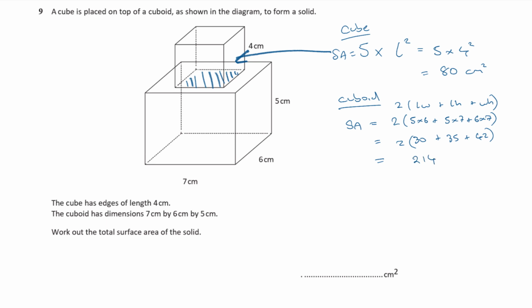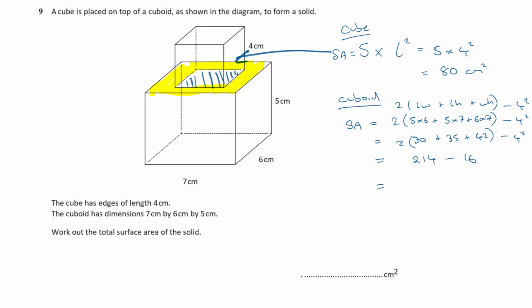So that's 214, okay? But again, part of that top face up there is covered up, so you're only going to get this part exposed. One of those faces has got a chunk out of it that's missing. And what chunk is missing? Well, it's just 4 times 4, isn't it? So I'm going to have to take off 4 squared, which is take away 16, isn't it?